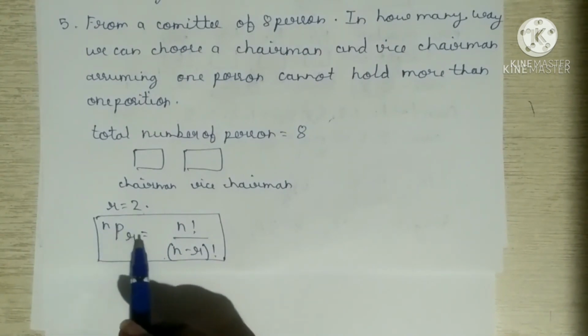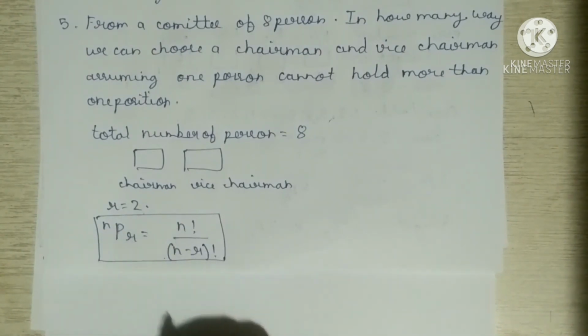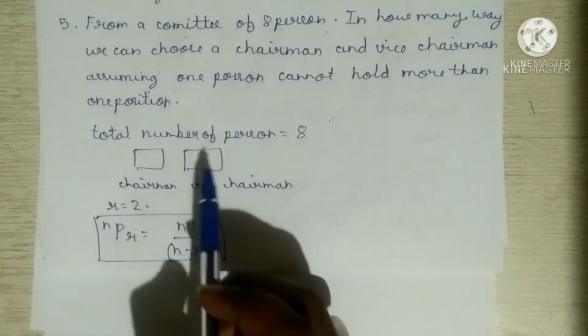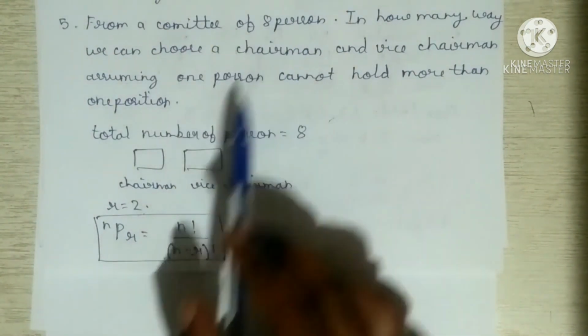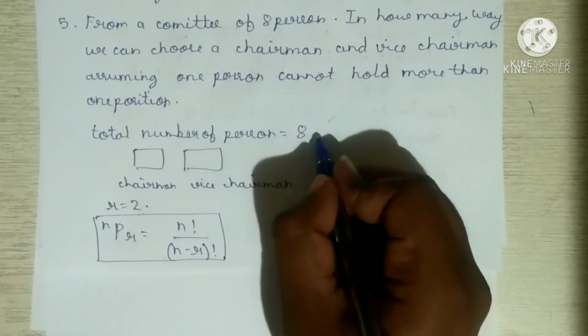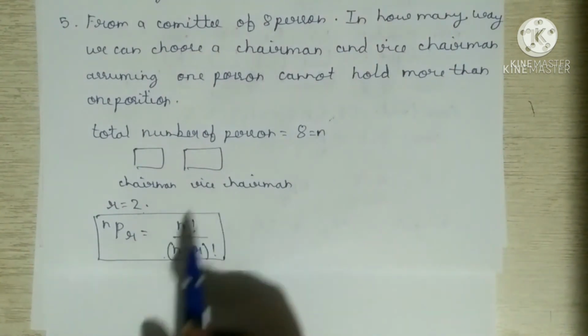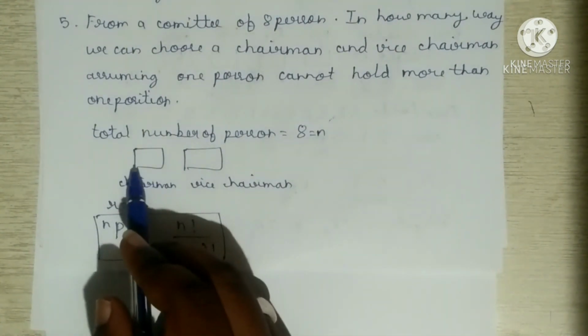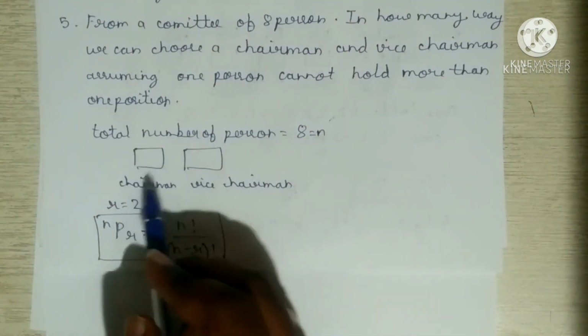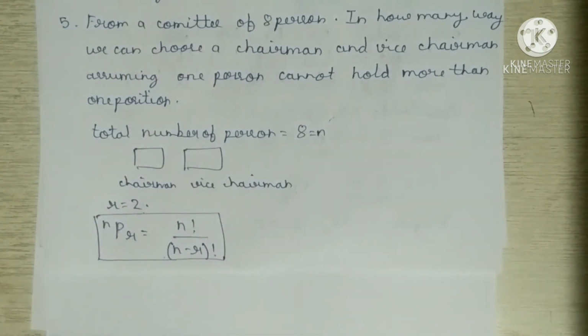The permutation formula is nPr is equal to n factorial by (n minus r) factorial. According to the question, the committee consists of 8 persons, where n is equal to 8. We need to find two posts, chairman and vice chairman, where r is equal to 2.